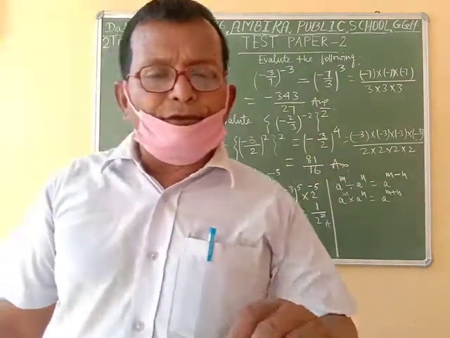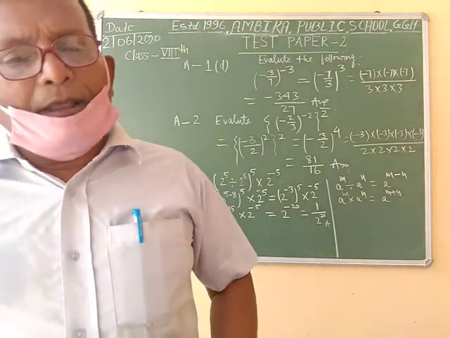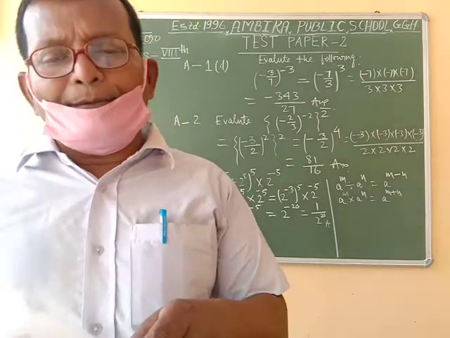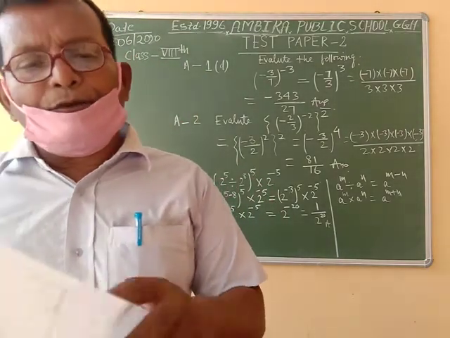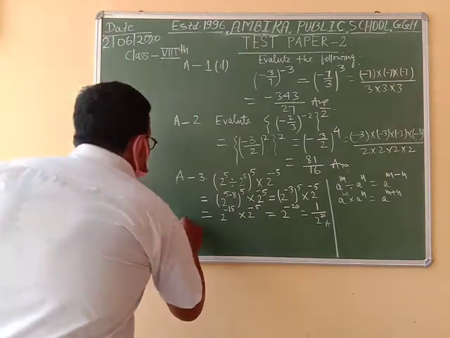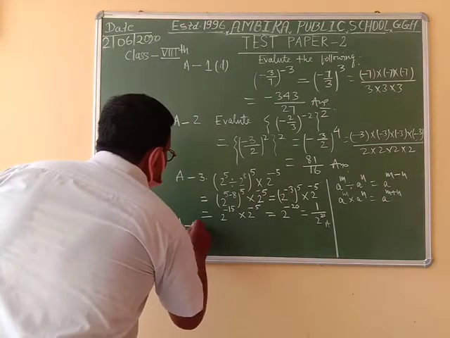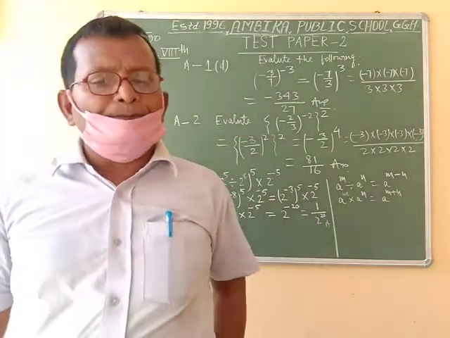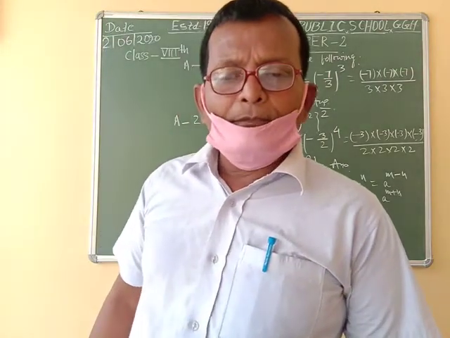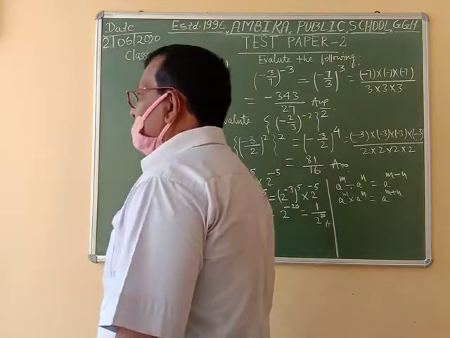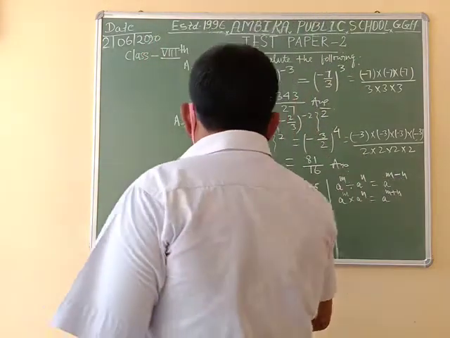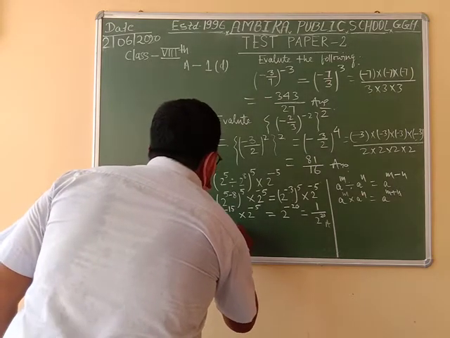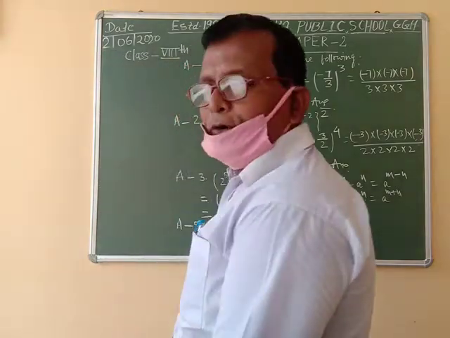So 3 questions have been solved, and 5 number question: express each of the following in standard form. 5 number question, A5. You have learned in the previous exercise 2.2, write the given number in standard form. The given number is 1345. You have to give the answer in standard form.